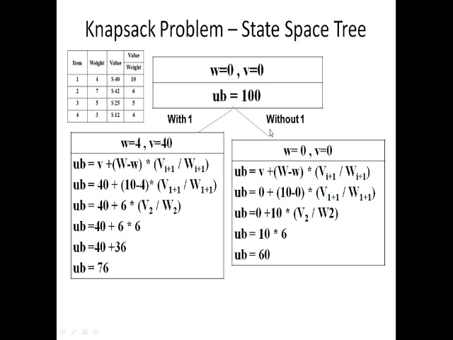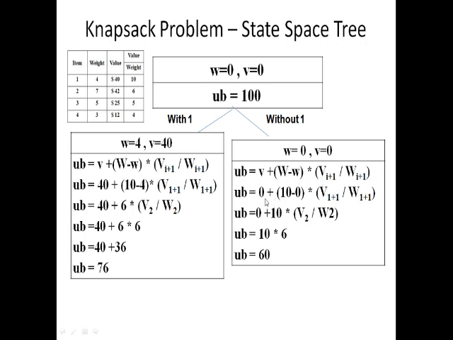By excluding the item, no weight is considered, no value is considered. So w equal to 0 and V equal to 0. Upper bound equals V plus (W minus w) into V(i+1) by W(i+1).